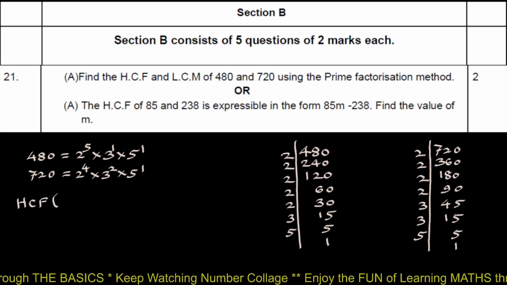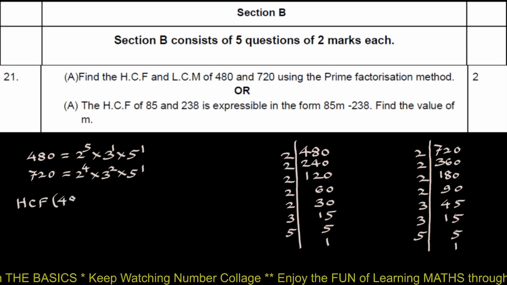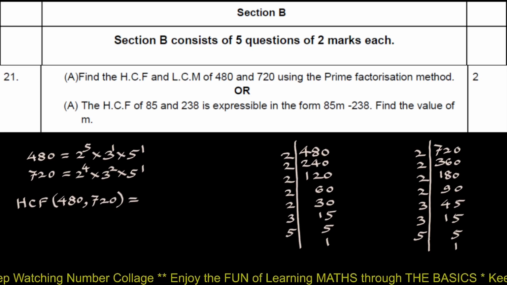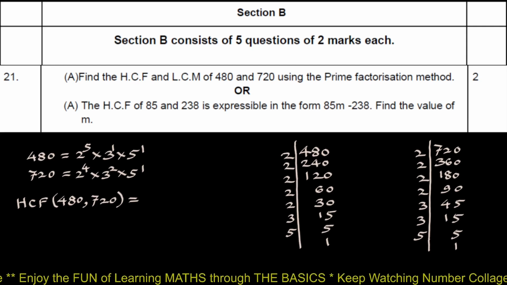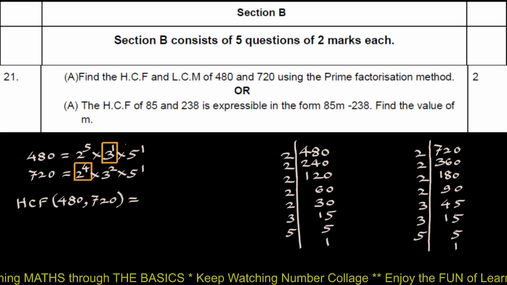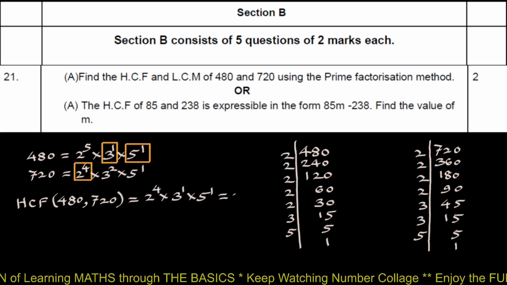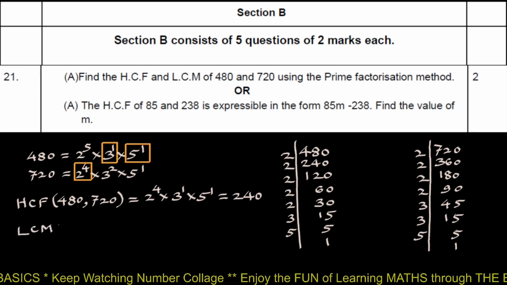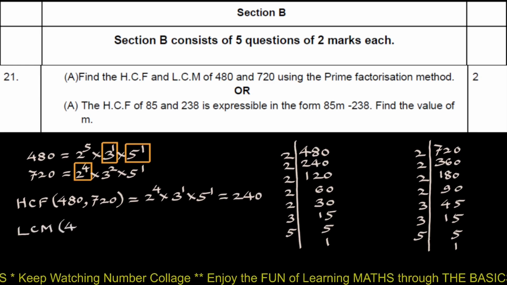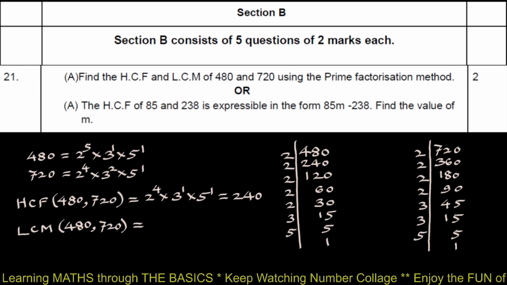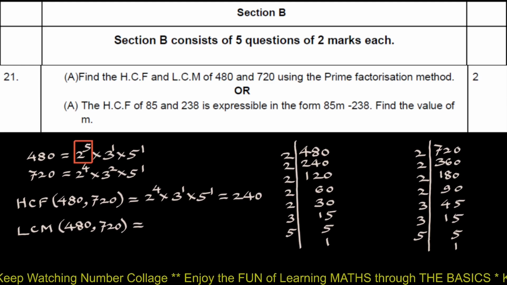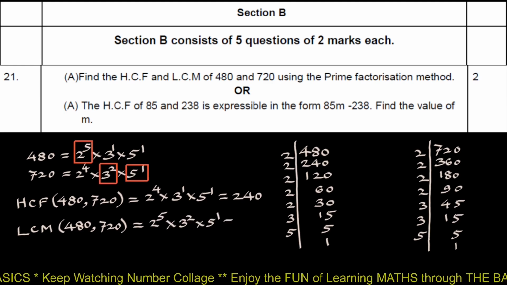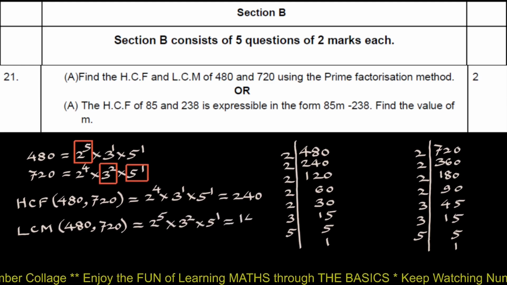HCF of 480 and 720 will be the product of the lower powers of common factors, that is the product of 2 raised to 4, 3 raised to 1 and 5 raised to 1. That will be 240. LCM of 480 and 720 will be the product of the highest powers of the factors, 2 raised to 5, 3 squared and 5 raised to 1. That will be 1440.